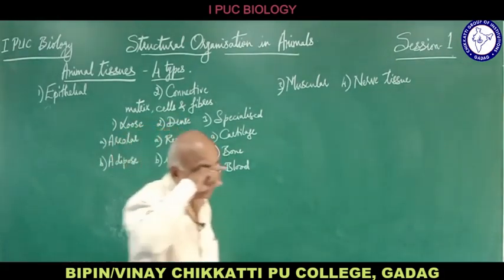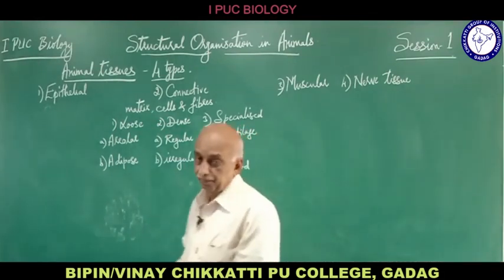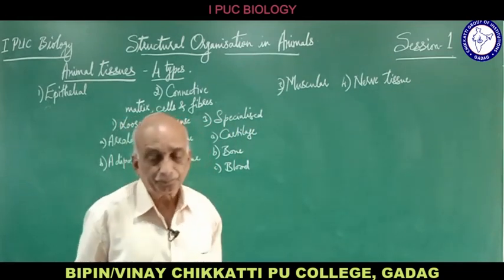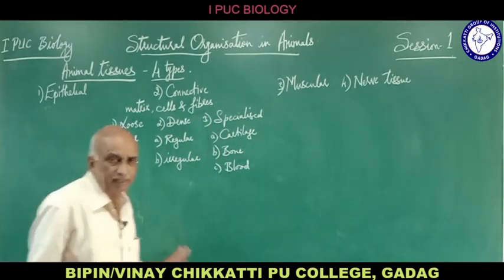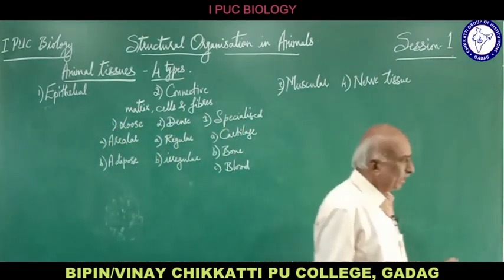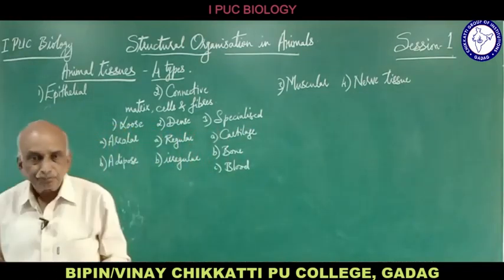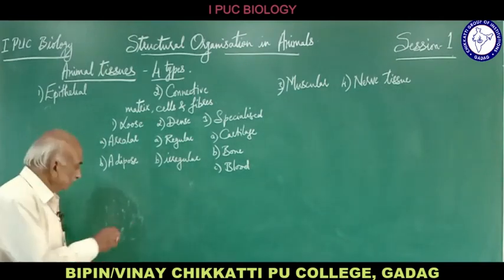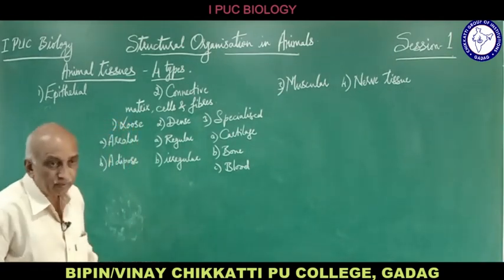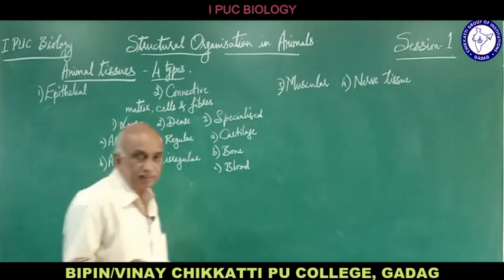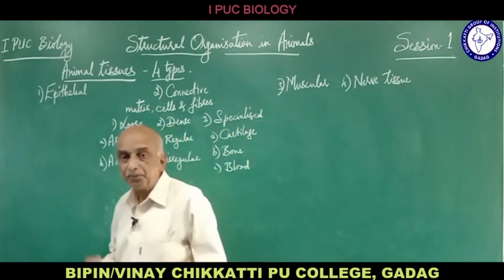There are actually 5 types of cells in this matrix, and this matrix is somewhat gelatinous in nature, just like gelatin, and this gelatinous matrix is made up of some glycoprotein component, and we are not supposed to study the details of that. So this matrix contains 5 types of cells: fibroblast cells, mast cells, macrophages, plasma cells, and lymphocytes.